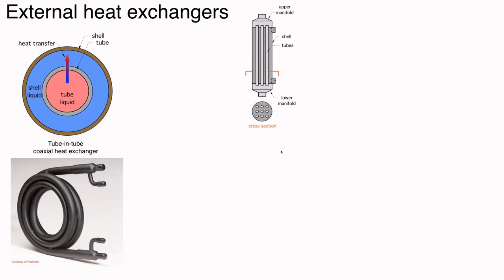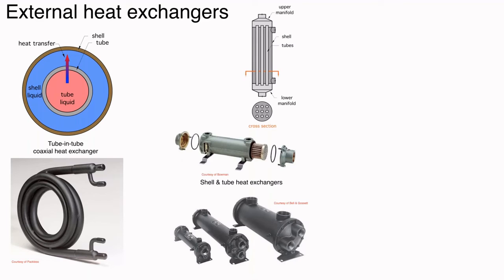Back to the shell and tube, essentially what you've got, and the picture here shows it a little bit better. You have a tube bundle, and it can vary in terms of the size of the tube and the number of tubes, but these tubes all connect on both ends, typically to a plate or a header, a bulkhead, I guess is the proper term for it.